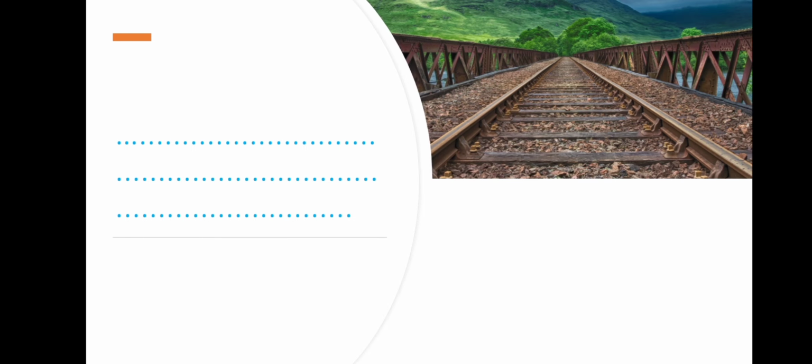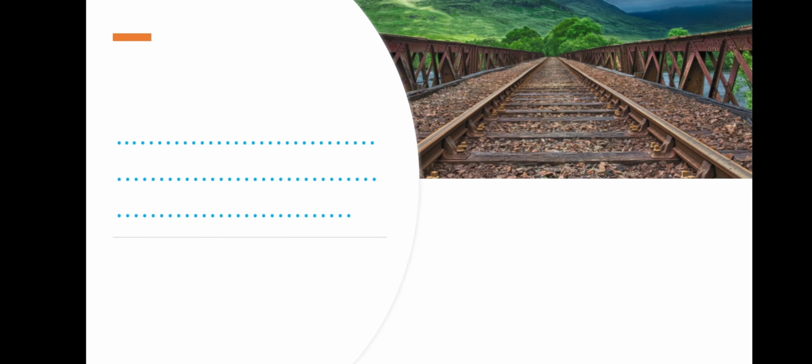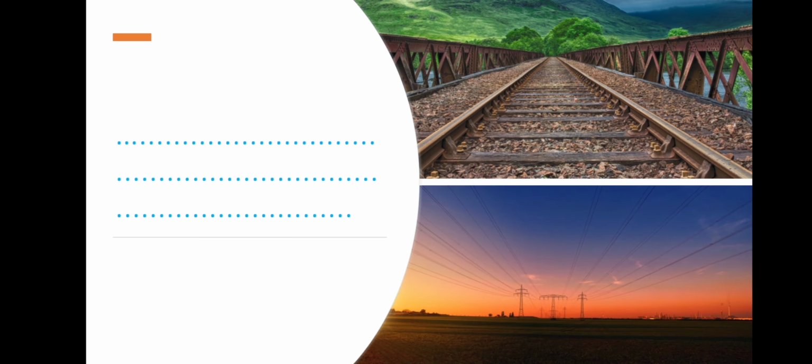See, closely spaced dots are there. How do the dots look? Yes, it looks like a line. Let us see the next example. What is in the picture? Yes, there is a railway track. There are two parallel lines. See the next picture. What do you observe?